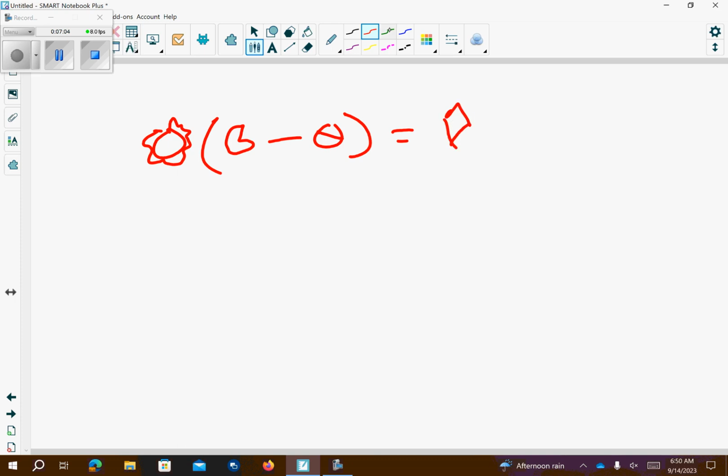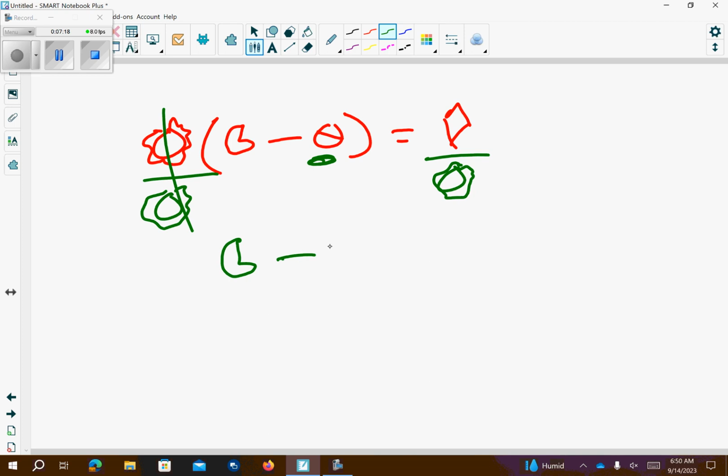So I want to solve for this. So I'm going to divide both sides by the sun. These cancel out. So then I have this scenario, that equals diamond over sun looking thing.